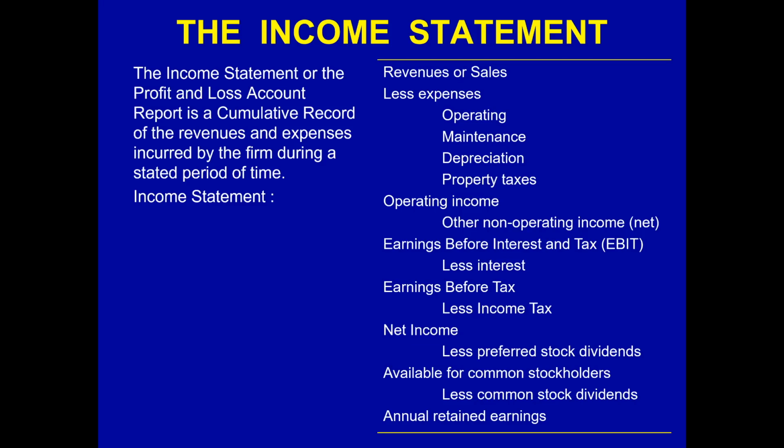The income statement is also called the profit and loss account statement or profit and loss statement. Each report is a cumulative record of the revenues and expenses incurred by the firm during a stated period of time. Normally 1 year we can say that.